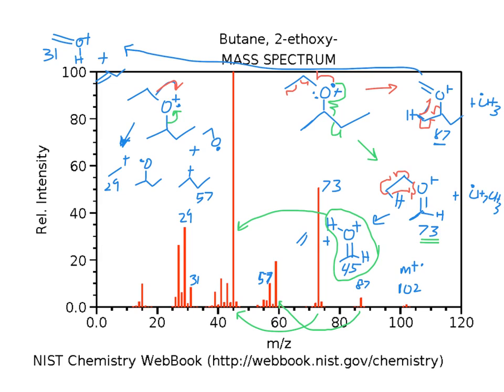Or if you get to the point where you have several possible structures, then you might be able to use the mass spec to select between those, because you could predict how each one might fragment and one might fit the data better than the other. Just like in NMR, right? We draw some different possibilities, predict what the spectrum would look like, and then see if it matches or not.